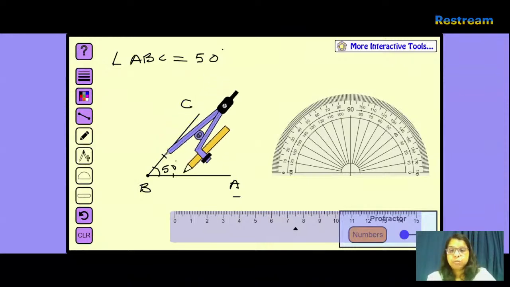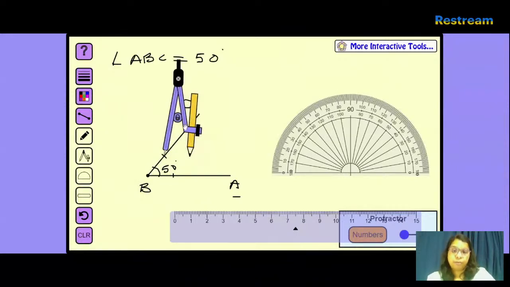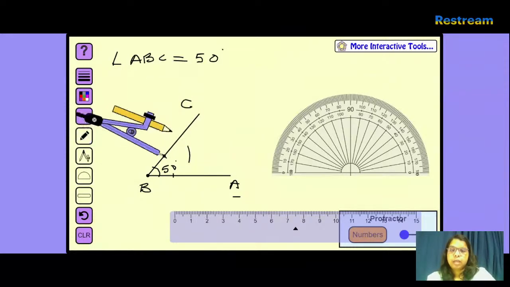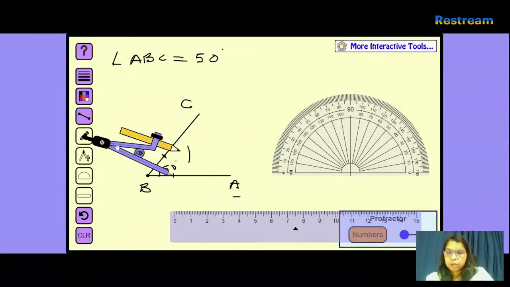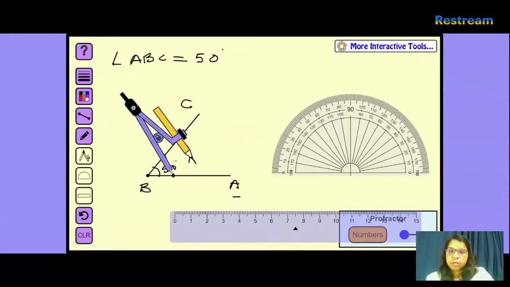The distance again has to be more than half of the distance between these two arcs. So I'm going to keep the distance the same and draw an arc here, and then put the compass on the arc on AB and draw an arc here.